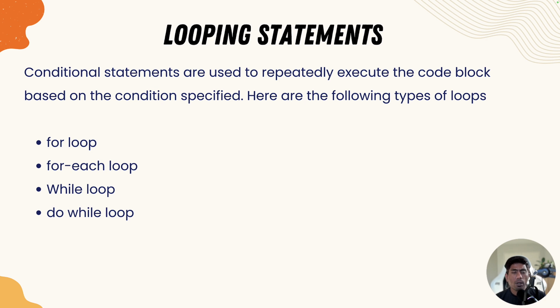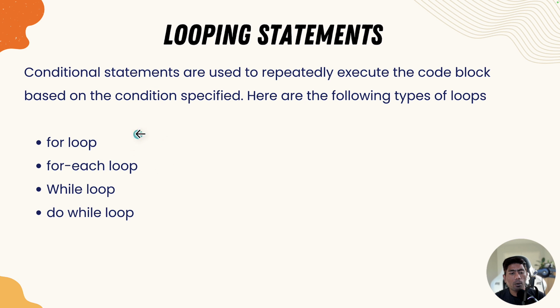There are 4 types of looping statements available in Java. One is the for loop. Another one is the for each loop, which is a more simplified version of the for loop. You also have a while loop and a do while loop. To be honest, most of the time you'll be using the first 3 of them.